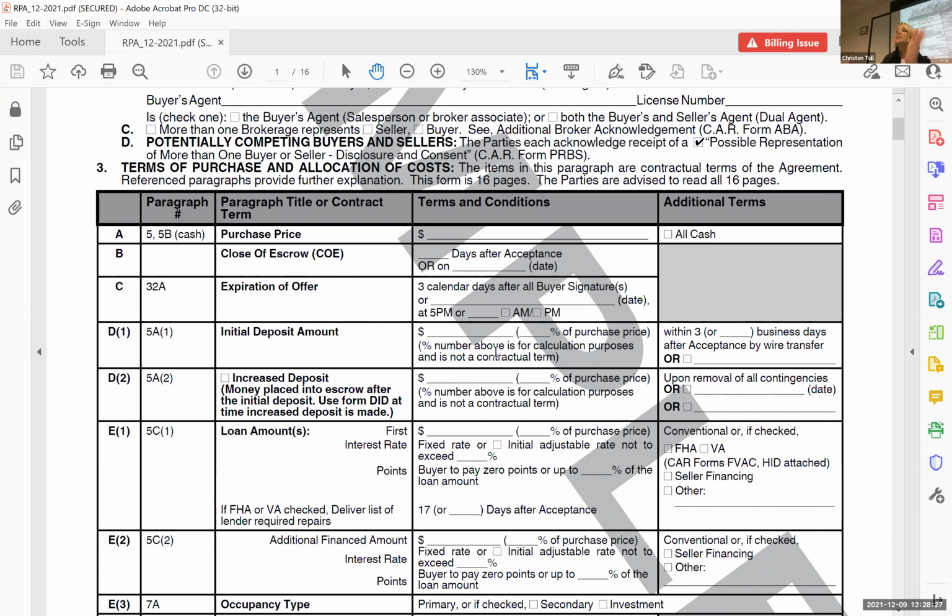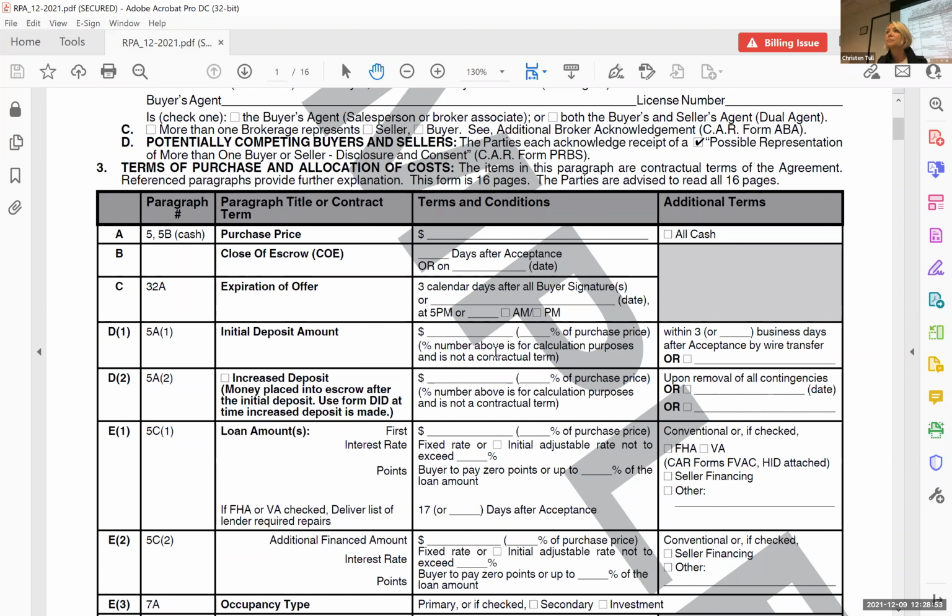So if I leave this as 3 days, Tuesday, Wednesday, Thursday, I need to have the deposit in no later than Thursday. Make sense? Okay. Say it's accepted on Thursday. I'm going to count Friday, not Saturday, not Sunday, not Monday, because we have that holiday, then Tuesday, Wednesday. So make sure you take out your actual calendars that have holidays on them when you're calculating contingency time frames for the deposit.